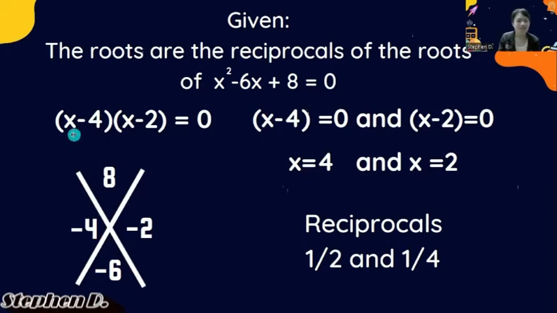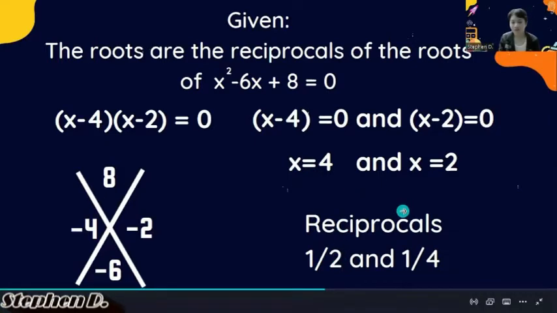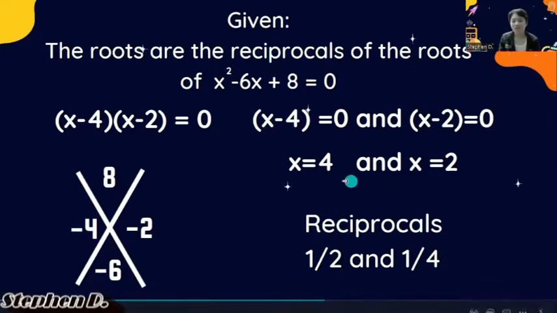So our factors are x minus 4 times the quantity x minus 2 is equal to 0. We use the zero factor property: x minus 4 is equal to 0 and x minus 2 is equal to 0. So x is equal to 4 and x is equal to 2. Since it's the reciprocal, it's going to be 1 over our number. That's why our reciprocals are 1/2 and 1/4.